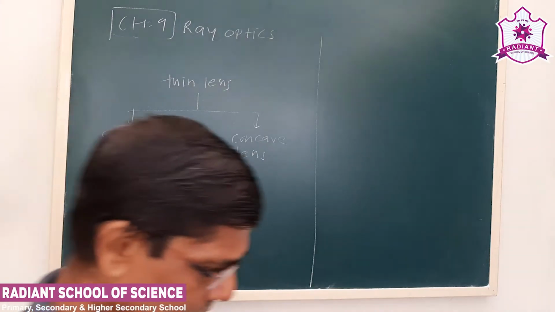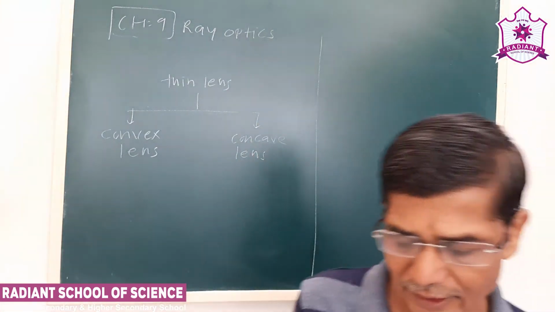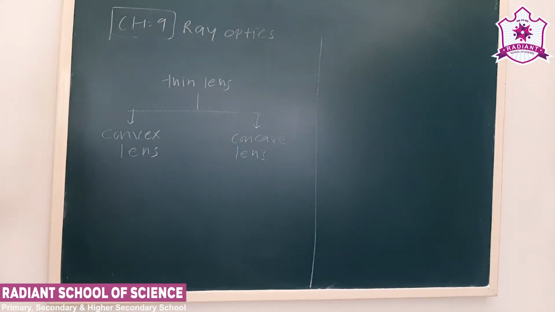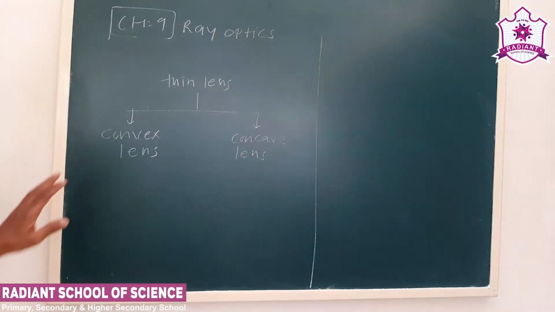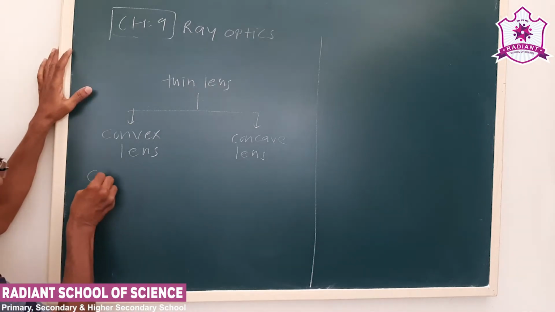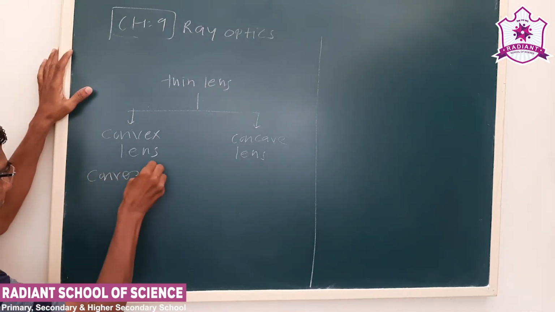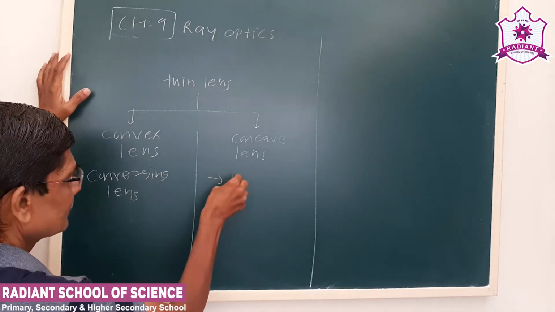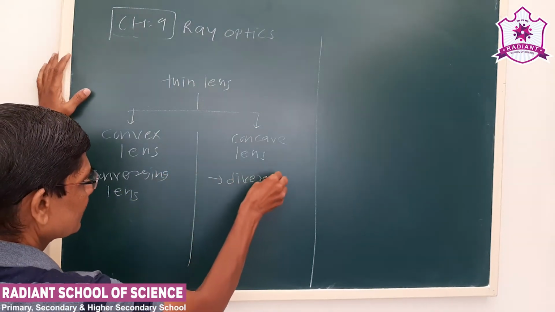In the 10th standard also you studied about this, but here in this lesson we have seen how the formula for the thin lens is derived. Earlier we derived the mirror formula, now we derive the formula for the lens also. Now we know the convex lens is a converging lens and a concave lens is a diverging lens.